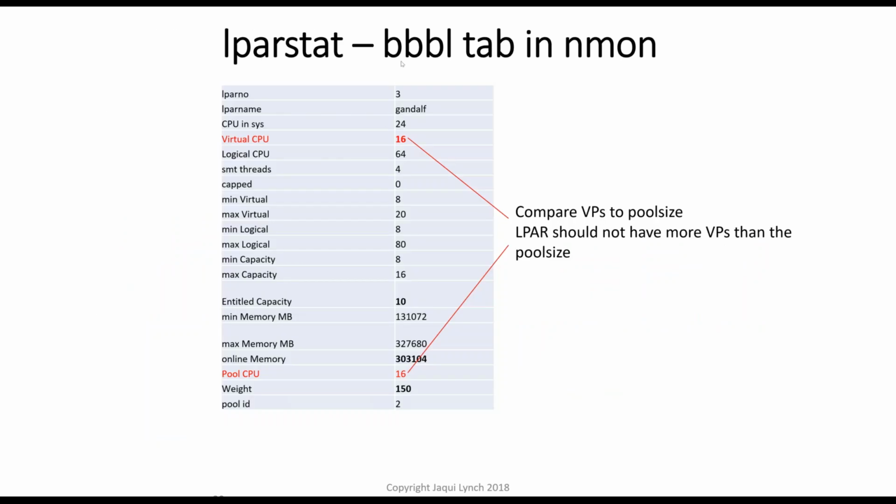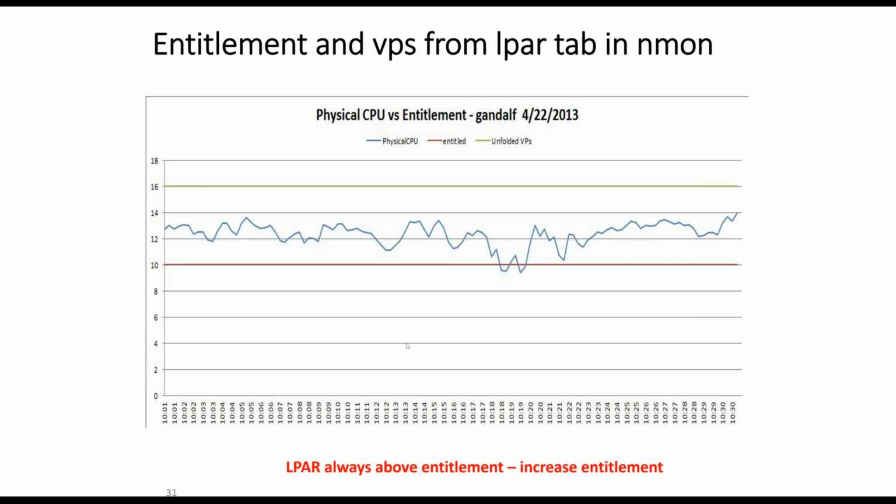In the LPAR stat or in the BBBL tab in NMON, this is where it will show you the virtual CPUs and the pool CPUs, so you can compare them there to make sure you're not going over a pool size. And if you have the LPAR tab, which you get with that allow performance indicator, you can look at this physical CPU versus entitlement.